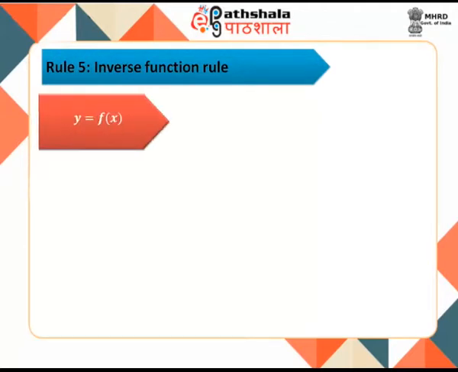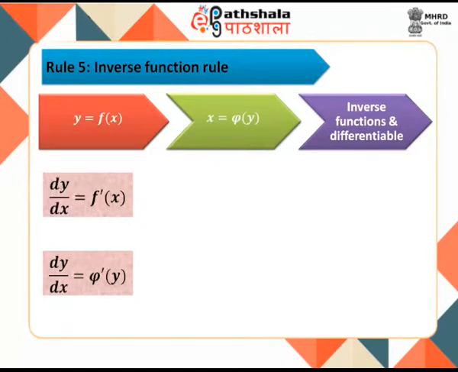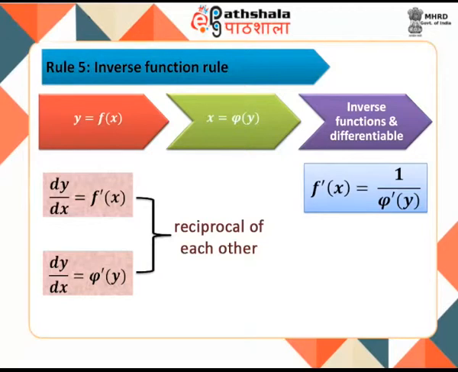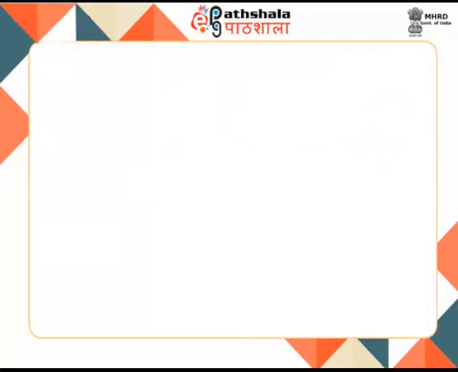If y is equal to f of x and x equal to phi of y are inverse functions which are differentiable, then dy by dx equal to f dash x and dx by dy is equal to phi dash y are reciprocal of each other, that is f dash x equal to 1 by phi dash y or f dash x into phi dash y equal to 1. Consider an example.